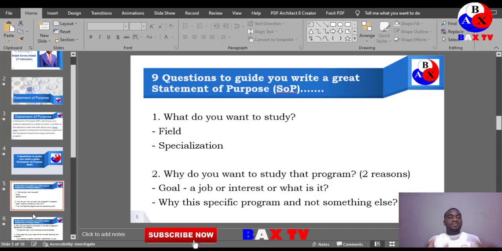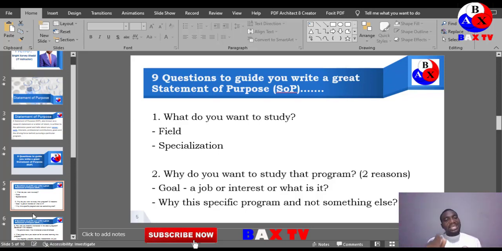Let's say in the field of business, let's say you want to do business communication or human resource management or procurement, accounting. All these things are fields. Maybe in the sciences, as in medicine, biomedical engineering, and a whole lot. So those are the field and the specialization. These are the first thing that you need to know, what you want to study. So that is the field.